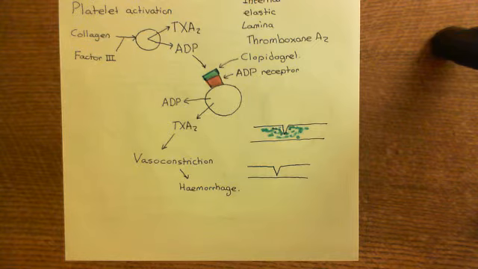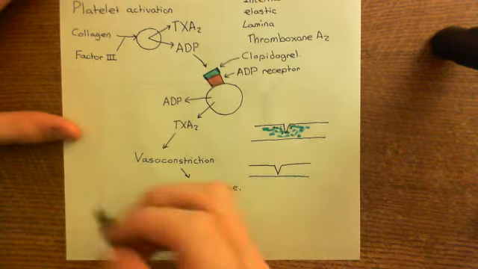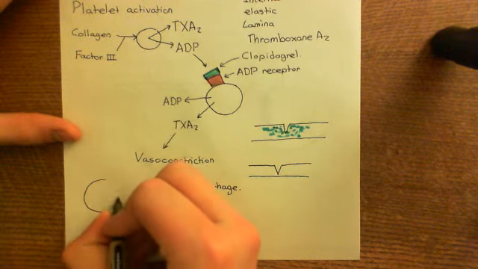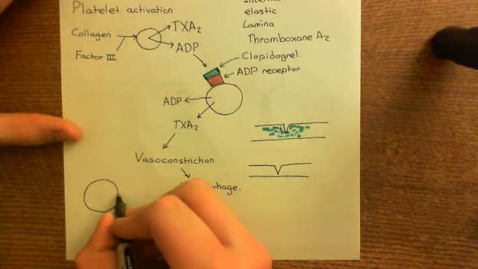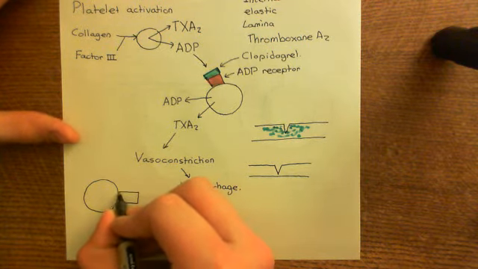Okay, now to understand how it does this, we need to introduce another key player that is on the membrane of platelets. So basically, another protein that is on the membrane of platelets. So let's draw another platelet here. And we're now introducing another protein, and it's another glycoprotein, so it's got the title GP.